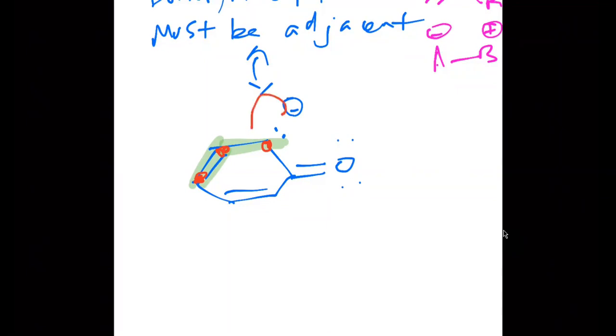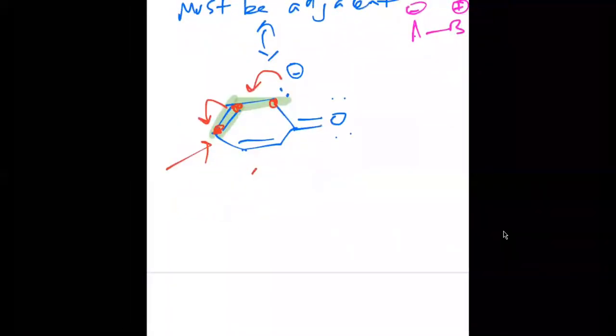It's the same flow of electrons that we did with the top example, right? Where you're going to take that pair of electrons and turn it into a pi bond, and take the pi bond and turn it into a pair of electrons, and they'll be on this last carbon right here. Anybody not see that?